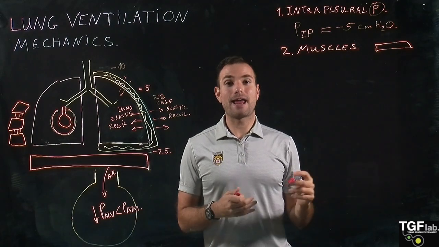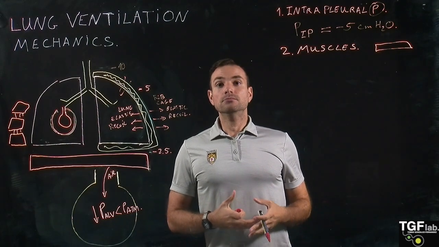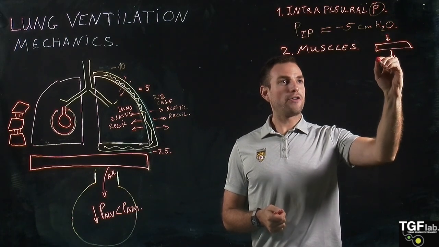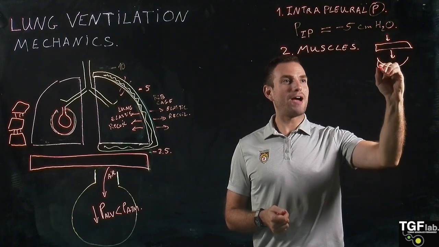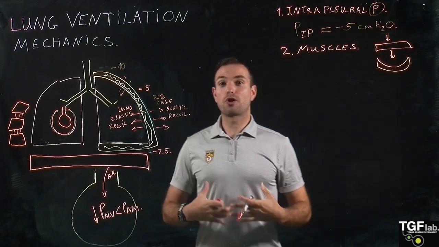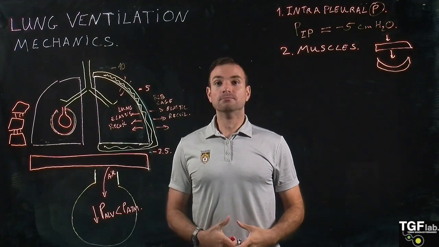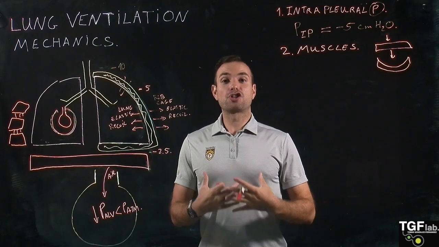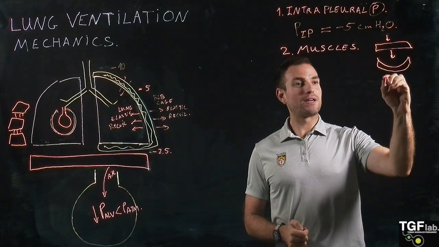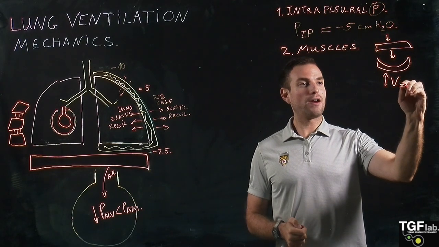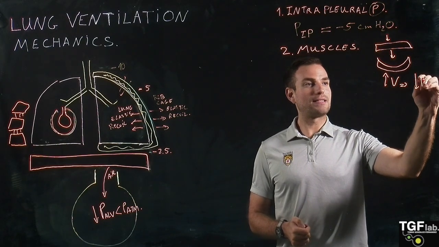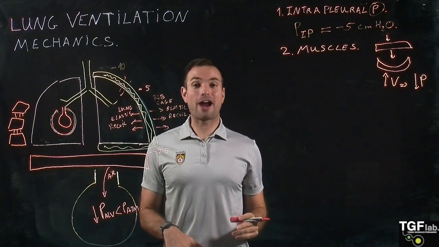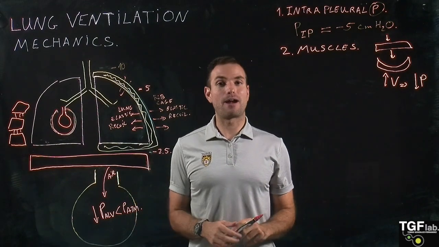When we inspire, we get the air. Our diaphragm contracts and enlarges the rib cage. This increases the volume, and therefore decreases the pressure in the lungs, so we get air inside our lungs and inside our alveoli.